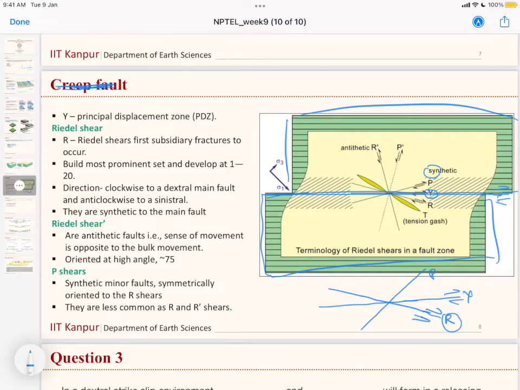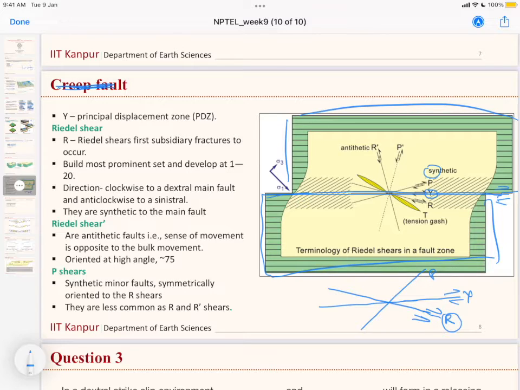So the first fracture that will create would be the radial shear fracture, and its direction would be the same as the main fault direction, and that's why we are calling it a synthetic. And the conjugate of this radial shear would be the P shear.